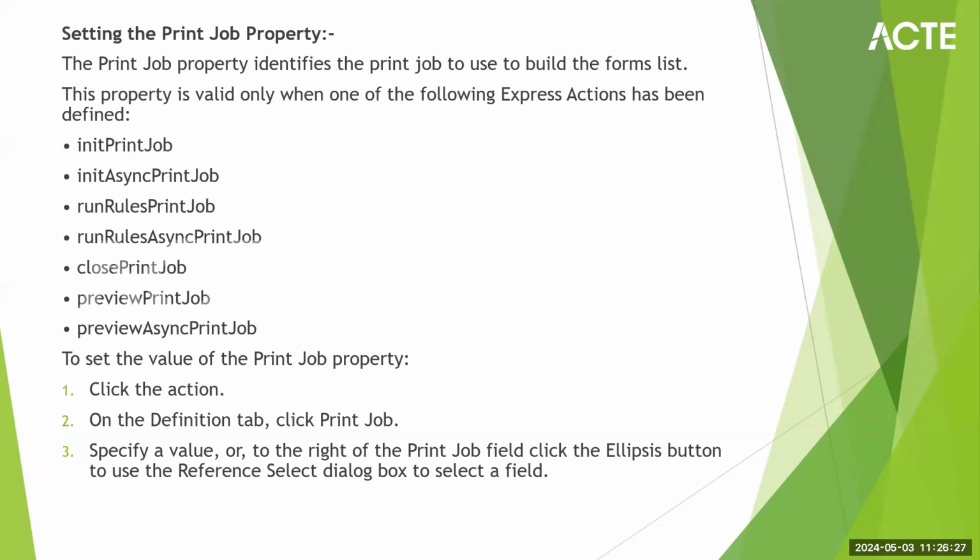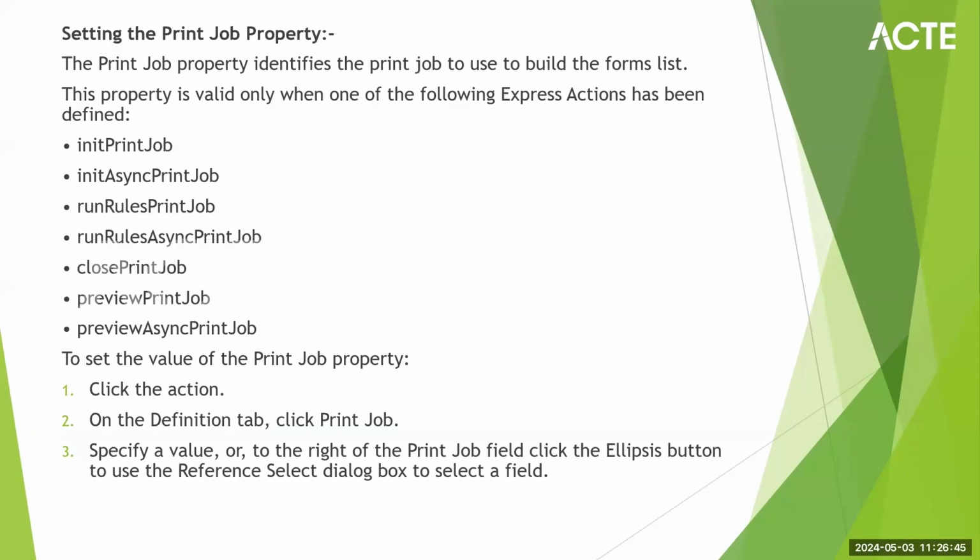Suppose you are trying to execute or print the form. Now you should use any of these print job properties in order to execute any form. So what are those?